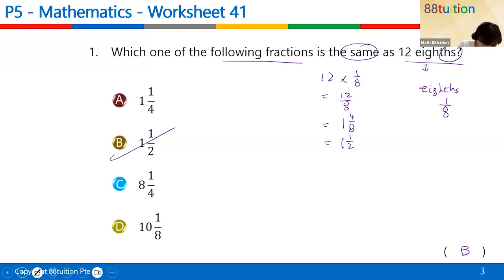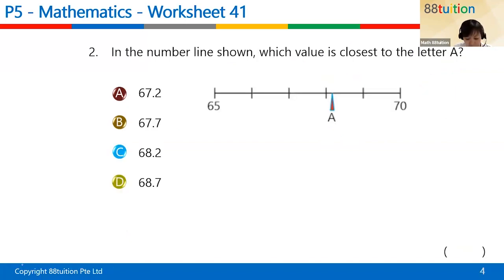Question number 2. In the number line shown below, which one is the closest to letter A? Letter A is in between 65 to 70. So we count 1, 2, 3, 4, 5.